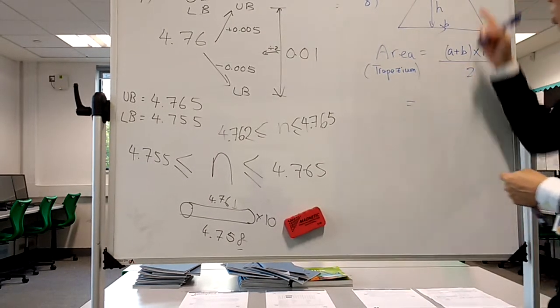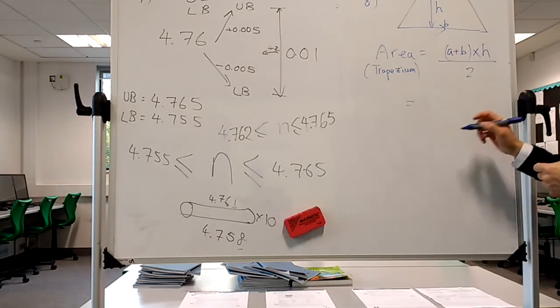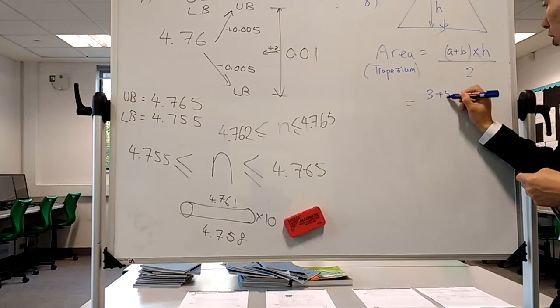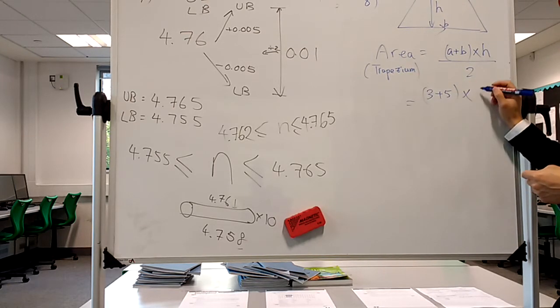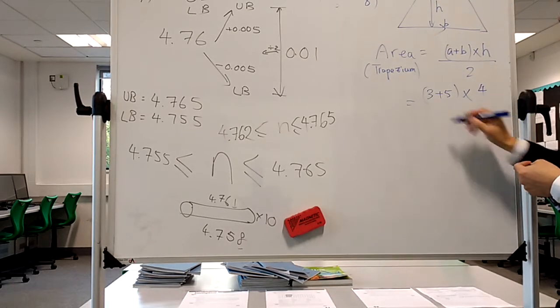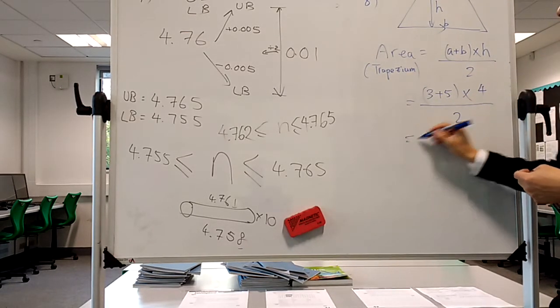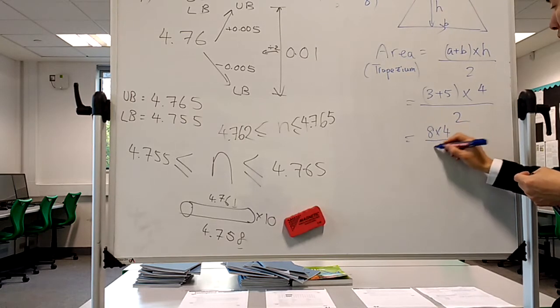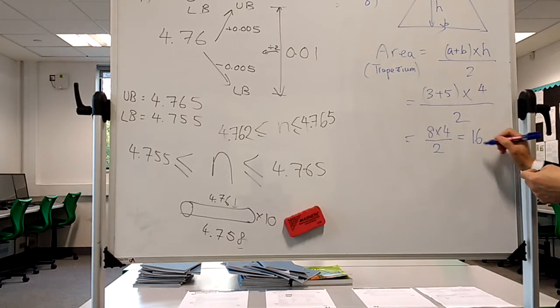So, what are the parallel sides? It is 5 and 3, so add the 3 and the 5 together, times by the separation, which is the height, 4 centimeters, and then halve it. So, do the bracket first. 8 times 4 is 32, halve it, 16.